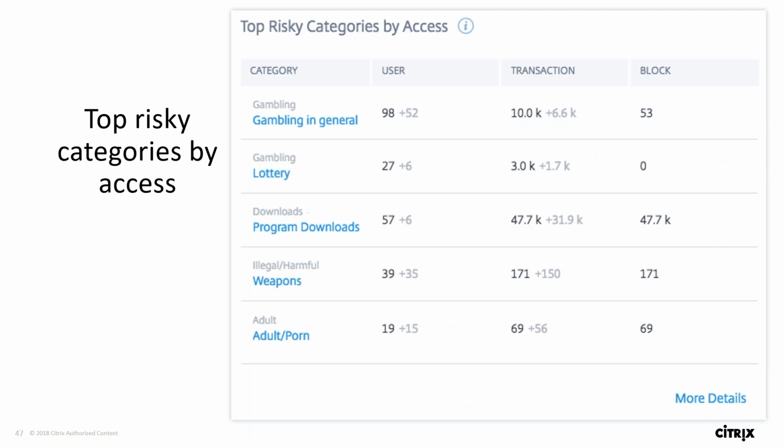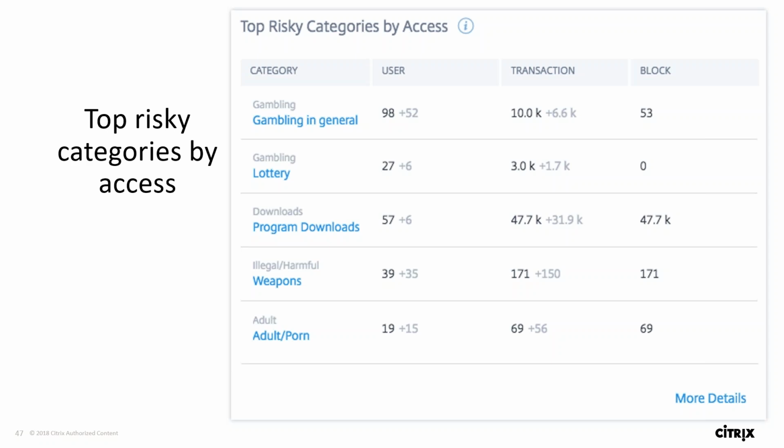The Top Risky Categories by Access section provides details of the categories of domains that were accessed the highest number of times by the users in your network.